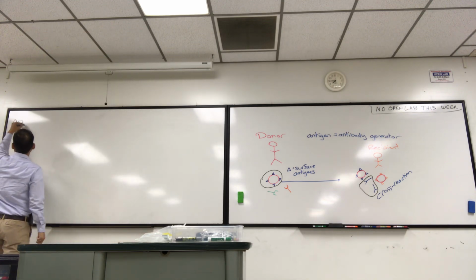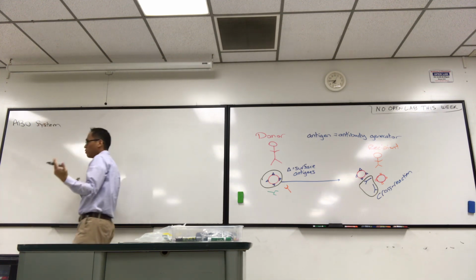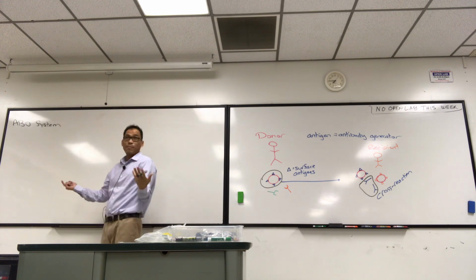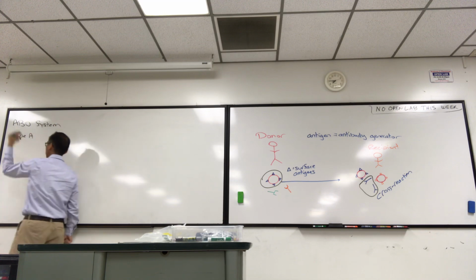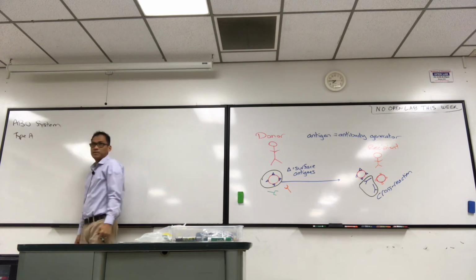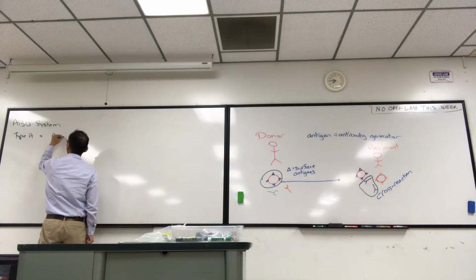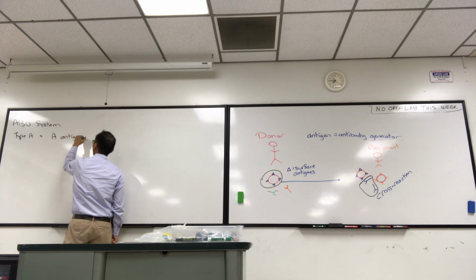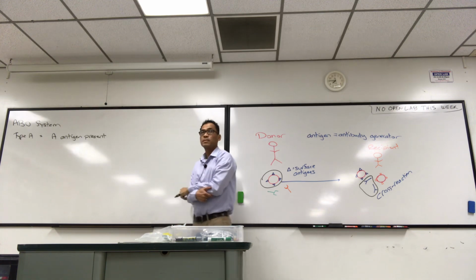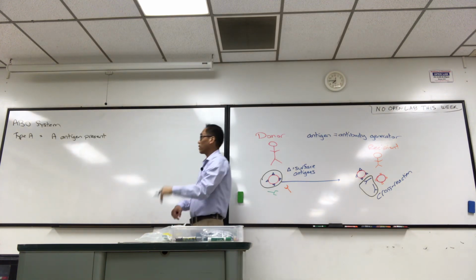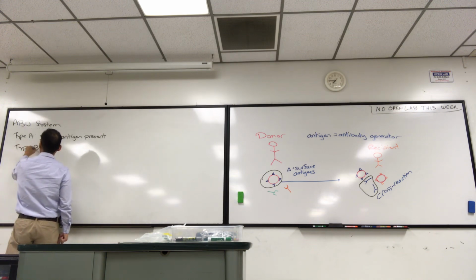When you hear about the ABO system, it's a very common one. Maybe you've heard of it already. Like for example, if you have type A blood, that simply means the A antigen is present on your RBCs. All right, well then, type B means the same thing.